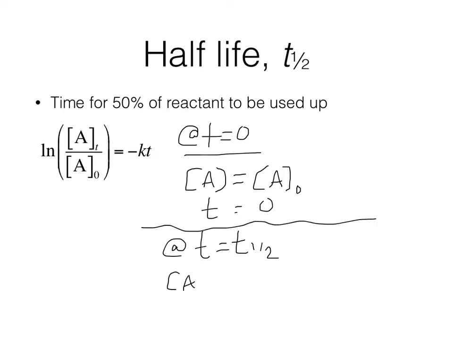Well, we know the concentration at time equal to the half-life is 1/2 of the original concentration. So that means we can look at this expression here and substitute in for these three values and solve for the half-life.